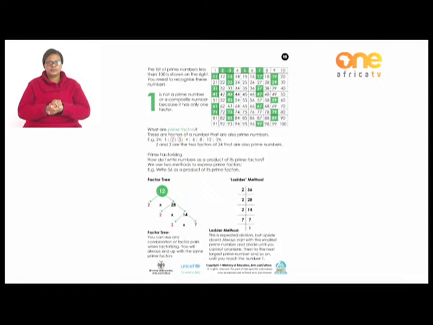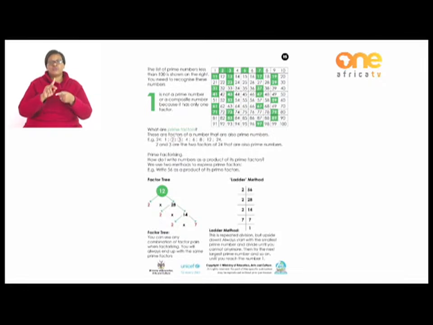Prime factorizing. How do I write numbers as a product of its prime factors? We use 2 methods to express prime factors. Given an example of 56 as a product of its prime factors, the 2 methods are shown there.